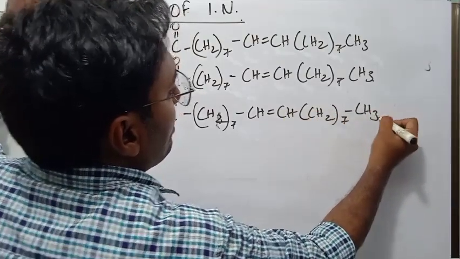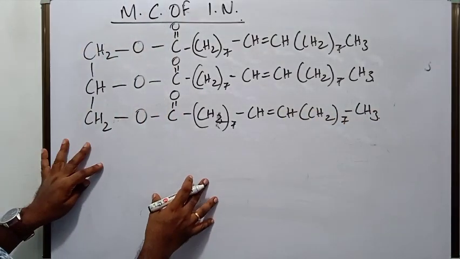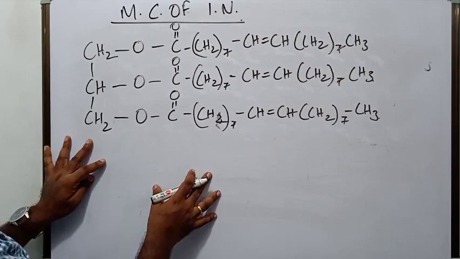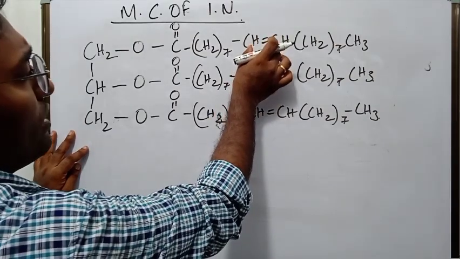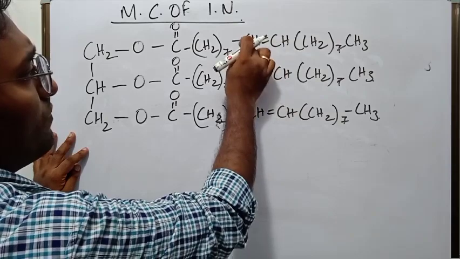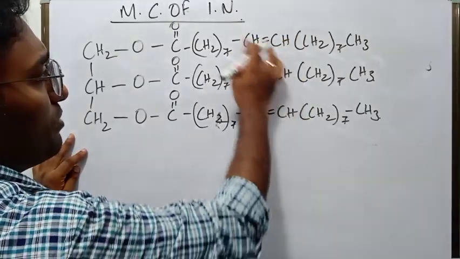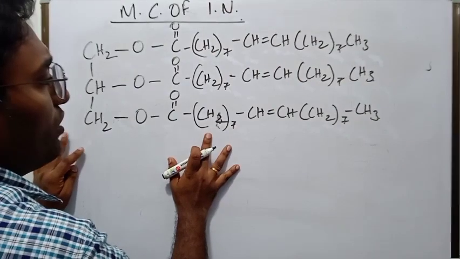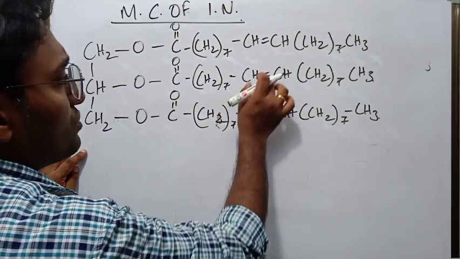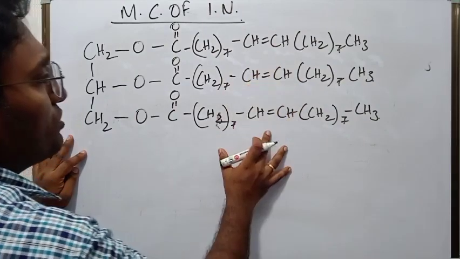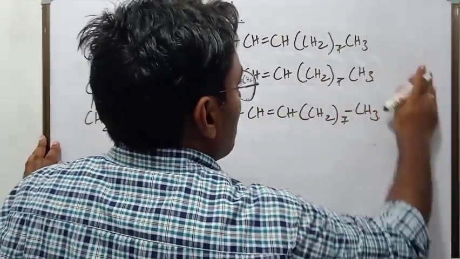So now I got glyceryl trioleate, and how many iodine would I require? Here 1, 2, 3, 4, 5, 6. There are 3 double bonds in this oil or fat molecule, and because there are 3 double bonds, I would require 6 iodine.